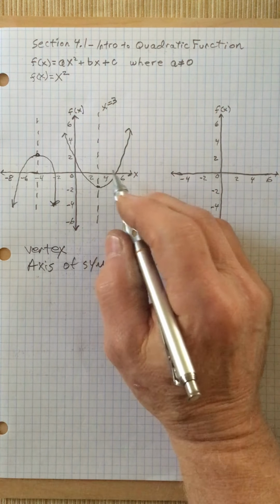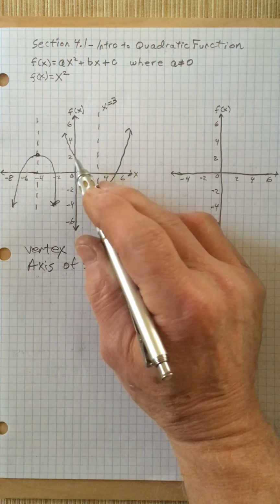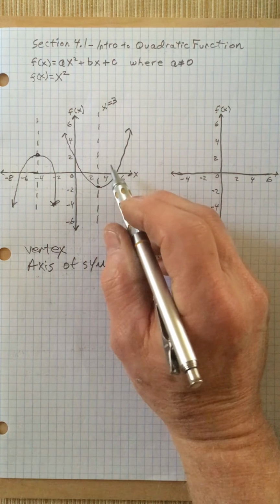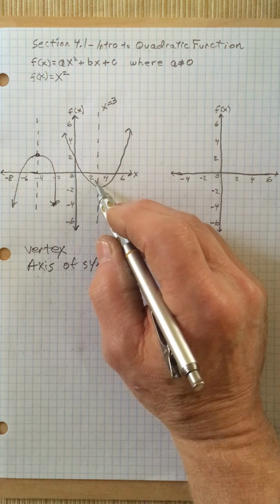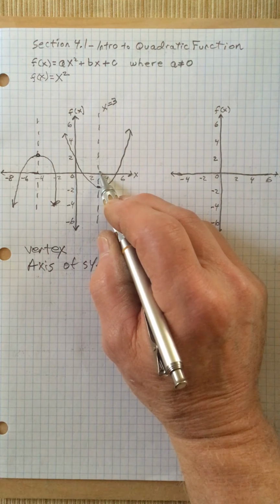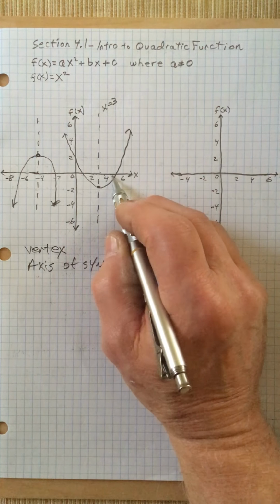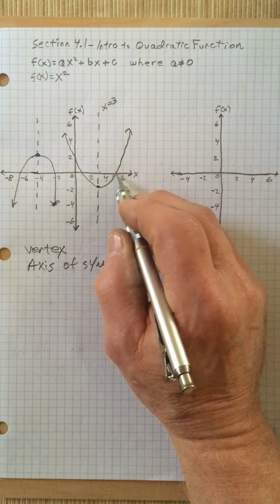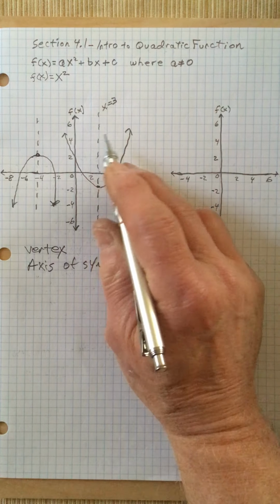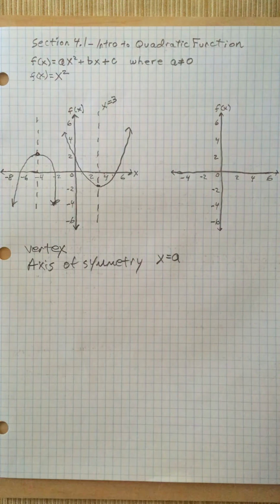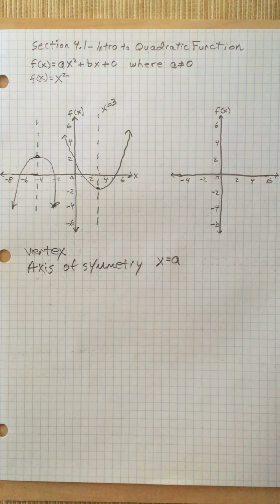Also notice, and my drawing's not very good, but the points also mirror each other. So if I'm at 3 here and I go 2, 1, then I should go 4, 5. They're the same distance away from the line of symmetry as you move up the curve or down the curve.